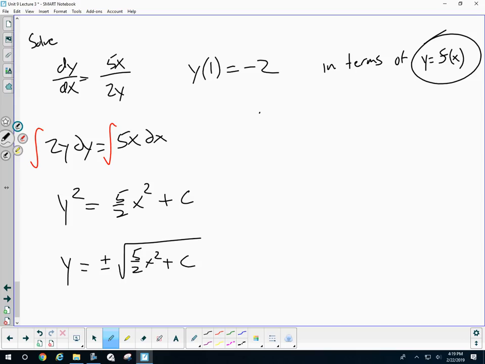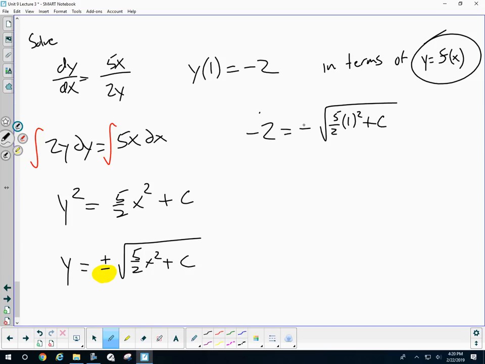Okay. Now again, when I plug 1 in, I better just get negative 2, not plus or minus 2. So that means I'm picking the bottom half of things. So when I plug in negative 2, that'll be equal to the negative square root. We know that square roots are always going to give us positive values. But in this case, we'll need that positive value.